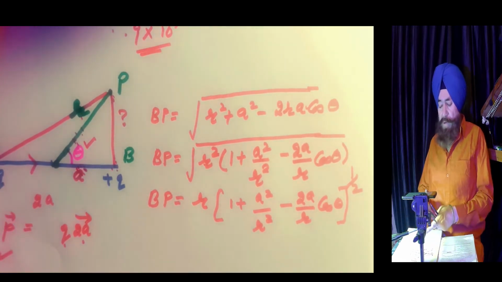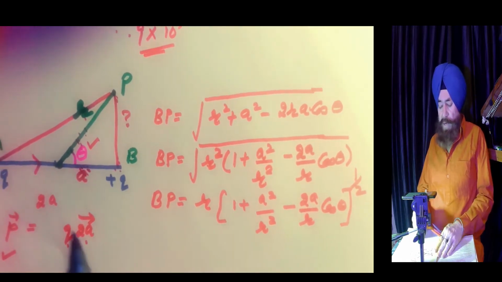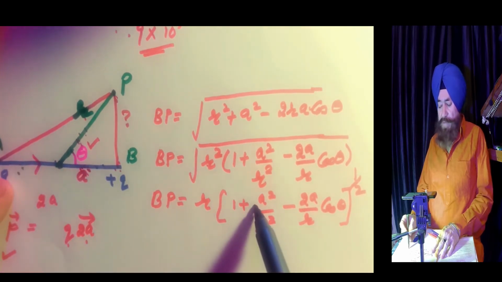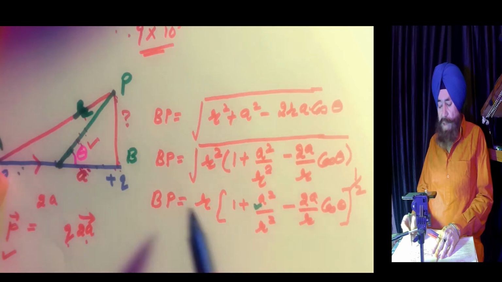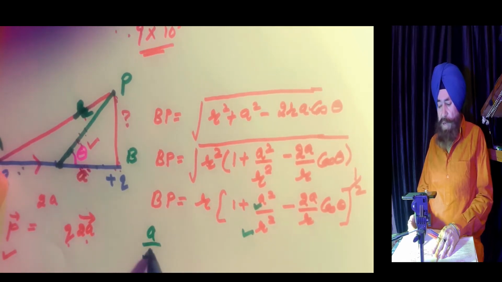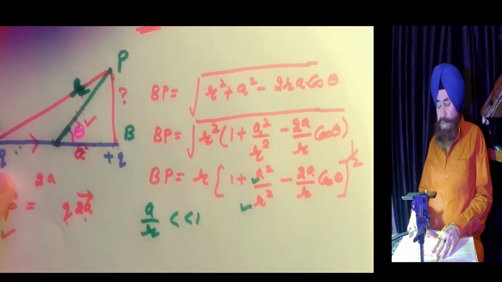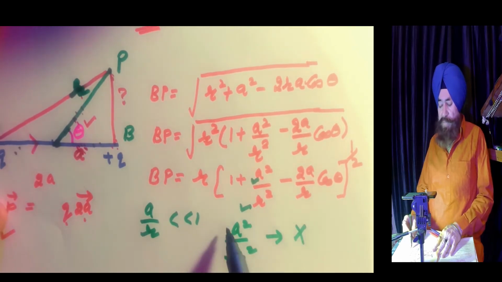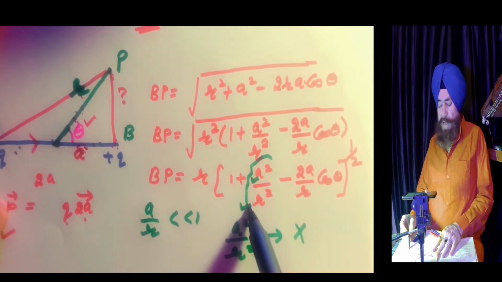Now because our dipole length is very, very small, this a is very small compared to this R, meaning a upon R is less than 1. Then the value a square upon R square will be negligible, so it is neglected.